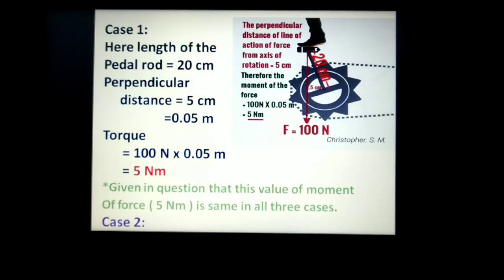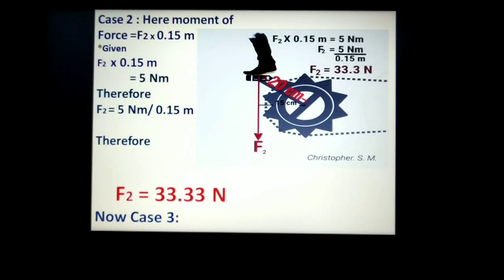So the torque or moment of force here will be 100 Newton, the value is given, into 0.05 meter, that is 5 Newton meter. Now it is given in the question that this value of moment of force, that is 5 Newton meter, should be same in all the 3 cases. Now we come to case 2.